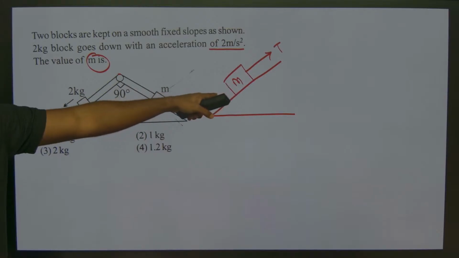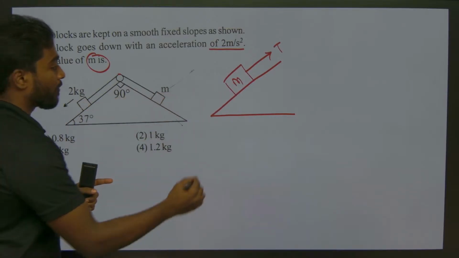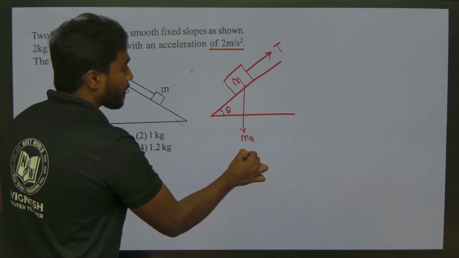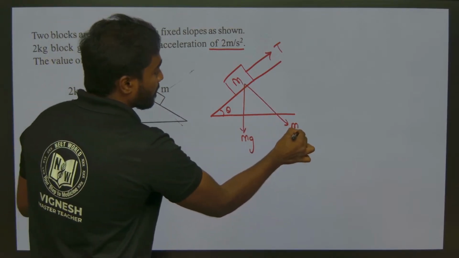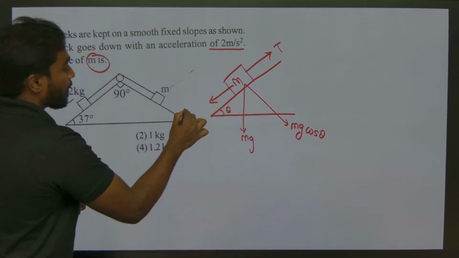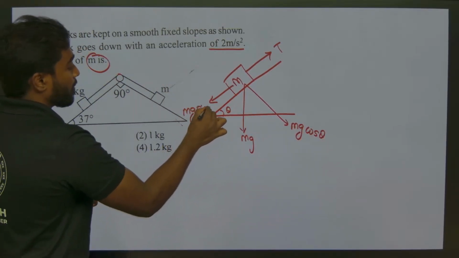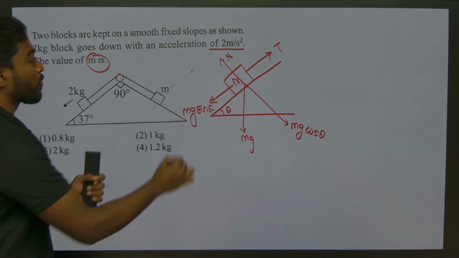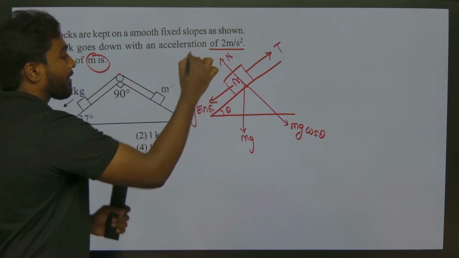So we have drawn the free body diagram for this. This is theta. This is my mg, this is my mg cos theta, and this one will be my mg sin theta. This one will be my normal, and the object is going downwards with acceleration a.